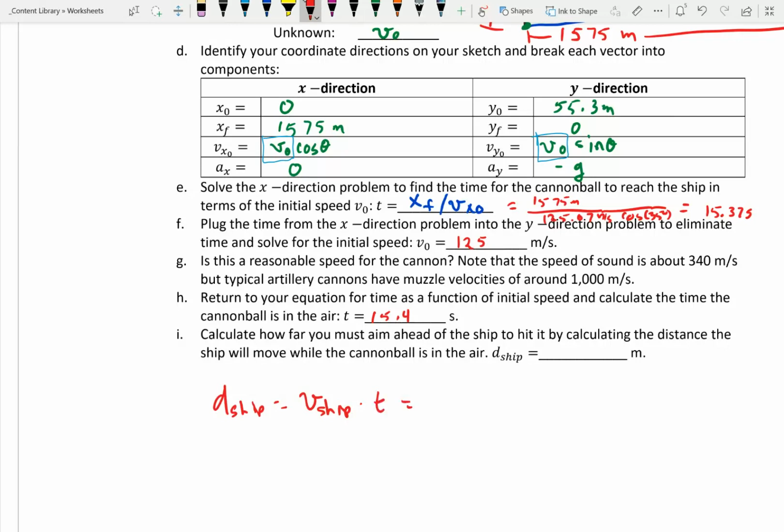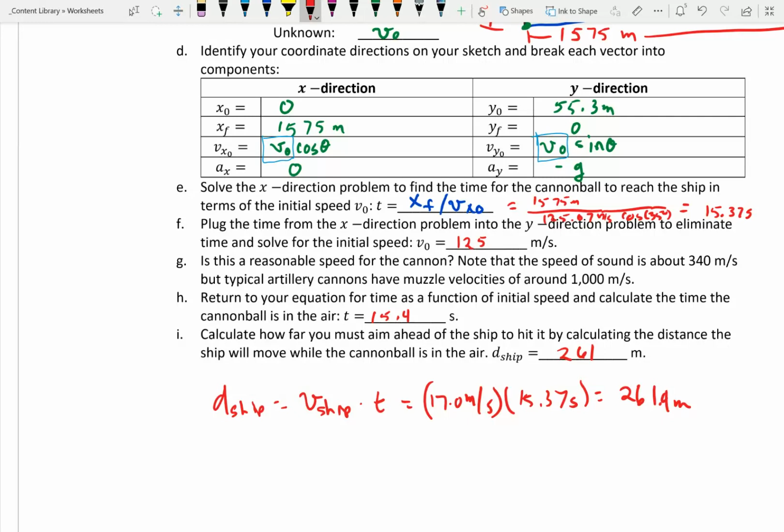So that's going to be 17.0 meters per second multiplied by 15.37 seconds, or 261.4 meters. So 261 to correct significant digits. That's a fair distance to lead it, right? That's almost 3 football fields that you have to lead that ship to hit it.